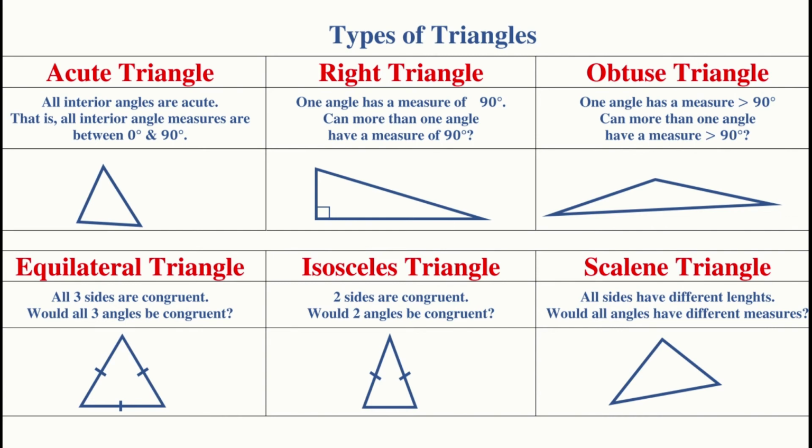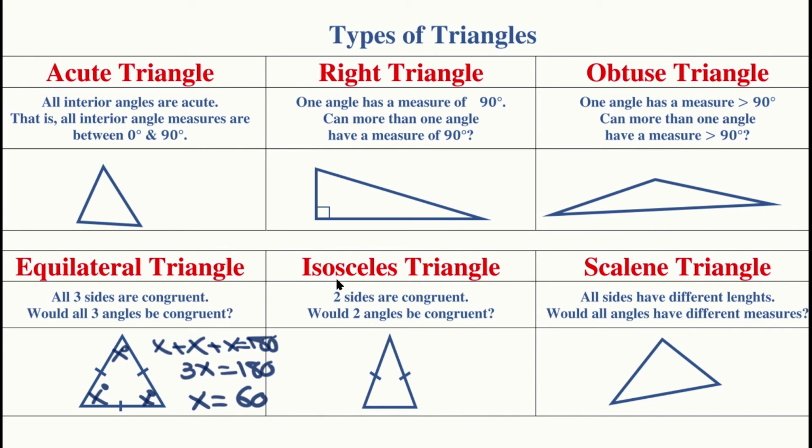So if we were to call them x degrees each, we would get x plus x plus x should equal 180. So 3x equals 180. So x equals what? 60. So for an equilateral triangle, the measure of each angle is going to be 60 degrees.